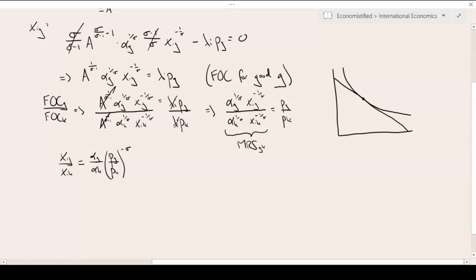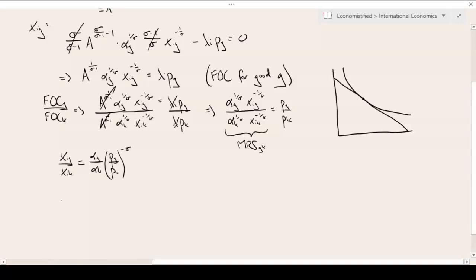We can look at the elasticity of substitution, which, if you remember, the elasticity is a percentage change in demand relative to a percentage change in price. But here we're looking at relative demand, so it's going to be a percentage change in the relative demand, xig over xik, with respect to a change in the relative price.